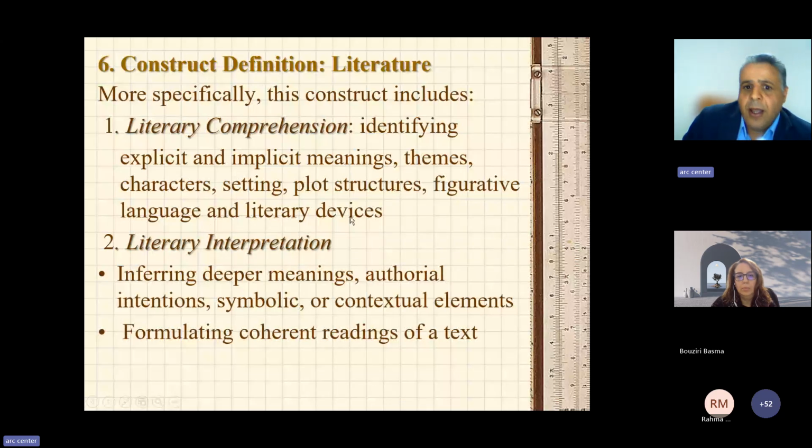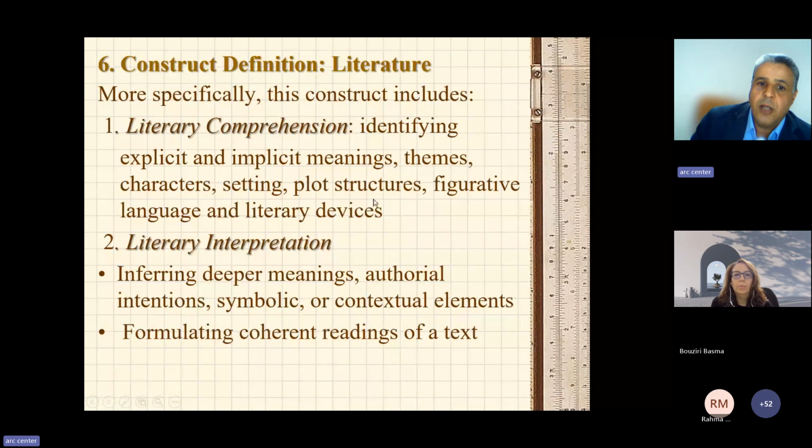So here, in my personal opinion, when we talk about testing literature, the assessment of literature should not be limited to the essay format.